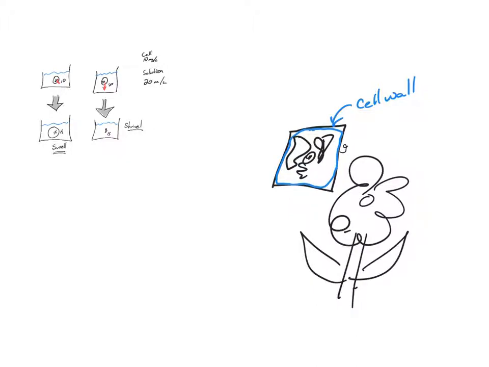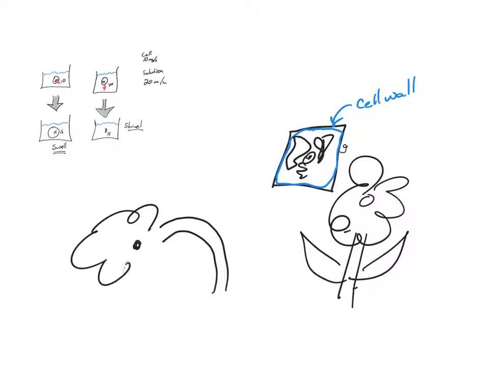When the opposite's occurring and the cell loses too much water, the poor little plant, well, ultimately it'll die, but it wilts. There's this horrible drawing of a plant. All plants on the planet, forgive me. As the plant loses too much water, the cell doesn't die completely.